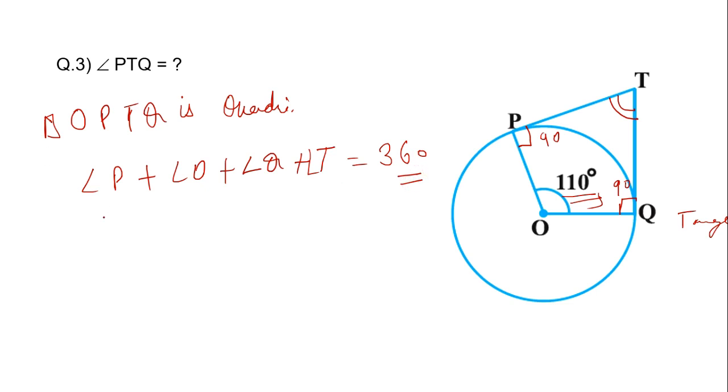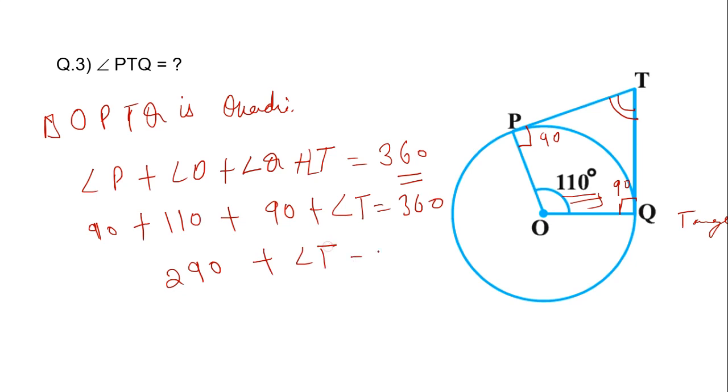So angle P is 90 degrees, plus angle O is 110, and angle Q is 90 degrees, and we have to find angle T. This is 360 degrees. 90 plus 110 is 200. 200 plus 90 is 290.